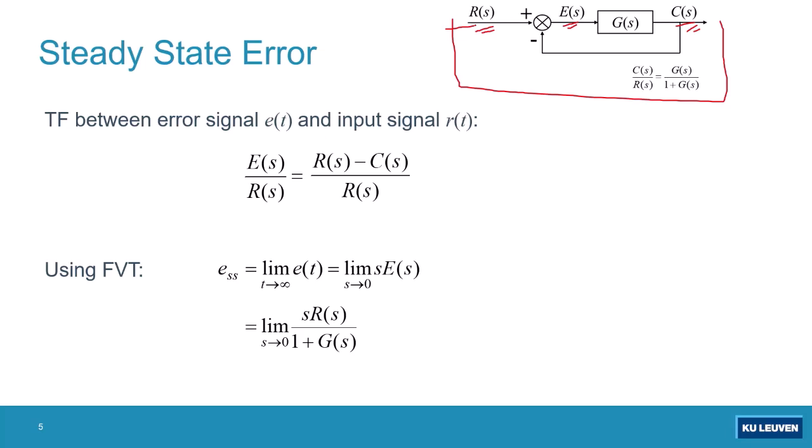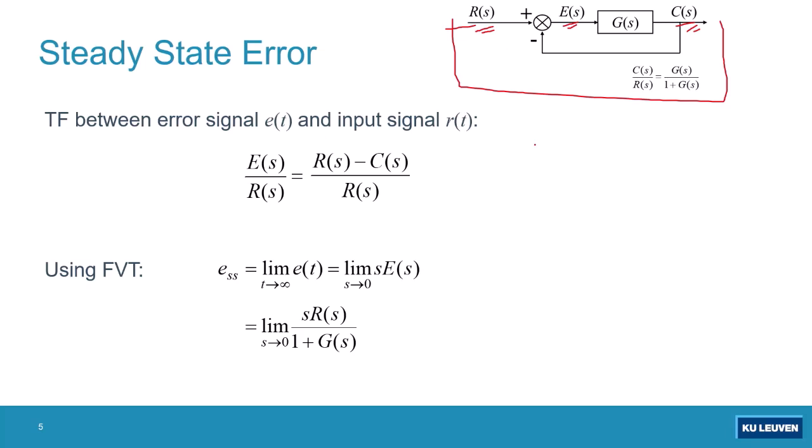If we have a good air conditioning system, and when the steady state condition has been reached, C should be equal to R. The temperature in our room should be equal to the temperature that we set in the remote controller. And if that condition happens, C equal to R, that means E in steady state condition should be equal to 0.